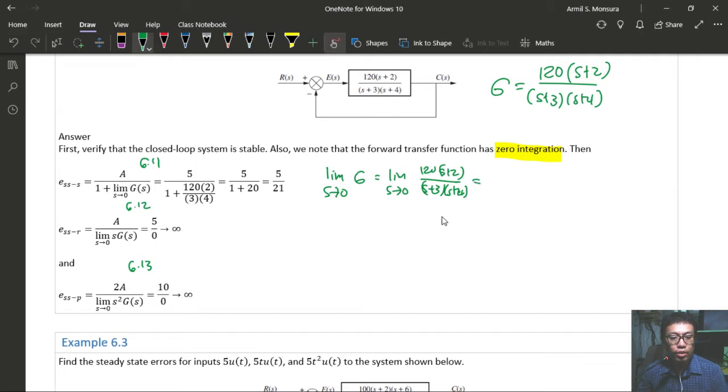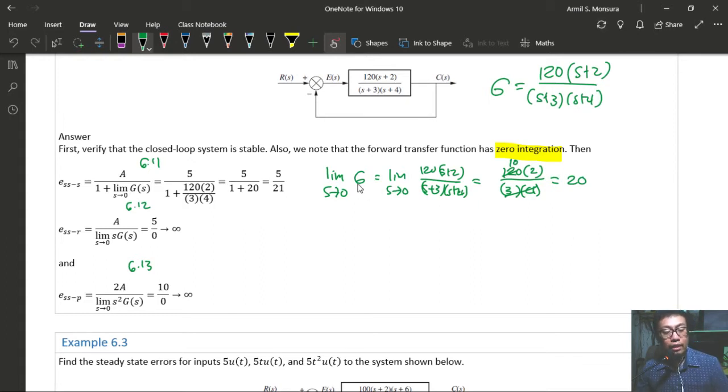Since we have no s factor in either the numerator or the denominator, we can simply substitute 0 for s. So that becomes 120 times 2 divided by 3 times 4. That should become 12, and then this becomes 20.